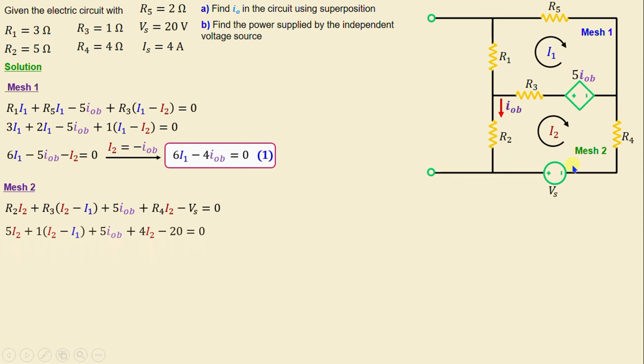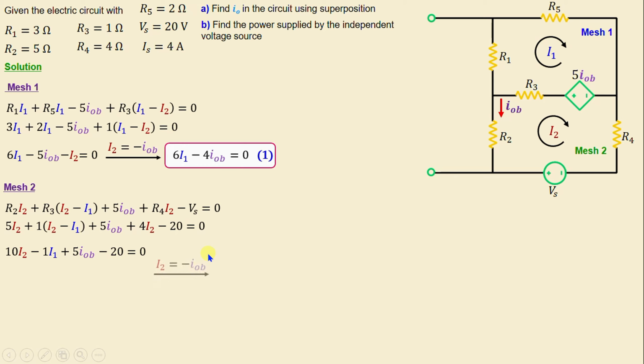By replacing the resistors and the voltage with their numerical values and simplifying this equation, we obtain 10I2 minus I1 plus 5IOB minus 20 is equal to 0. If we replace I2 by negative IOB, we obtain negative 5 IOB minus I1 minus 20 is equal to 0.